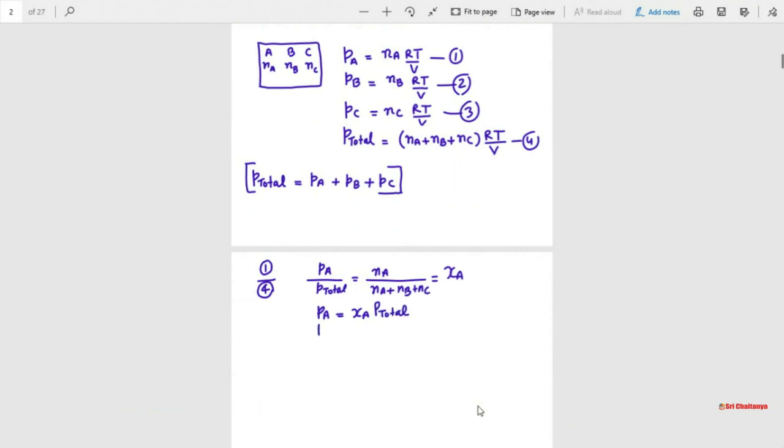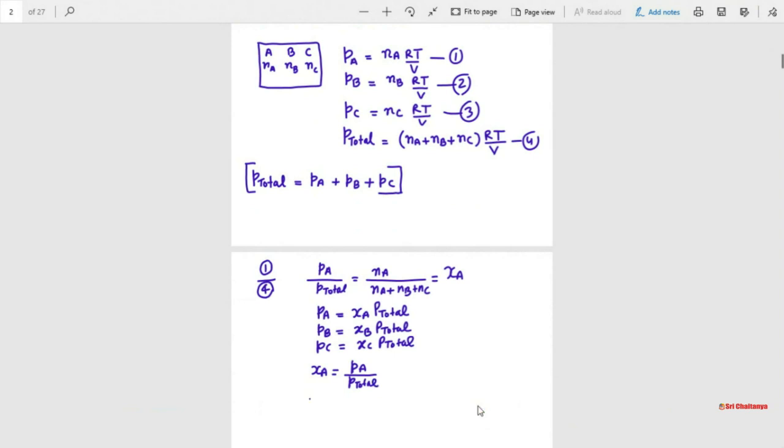Similarly, partial pressure of gas B is equal to mole fraction of gas B into P total. Partial pressure of gas C is equal to mole fraction of C into P total. Right? So we can write that the mole fraction of a gas is equal to partial pressure of the gas divided by total pressure.